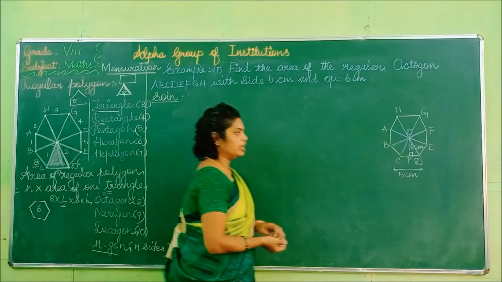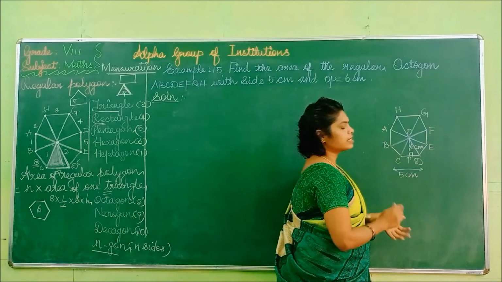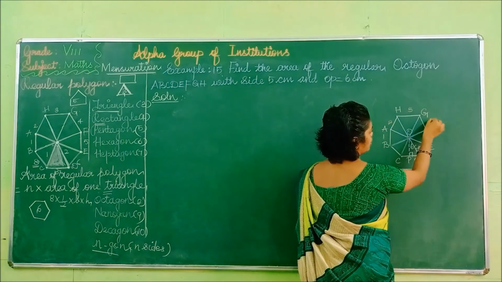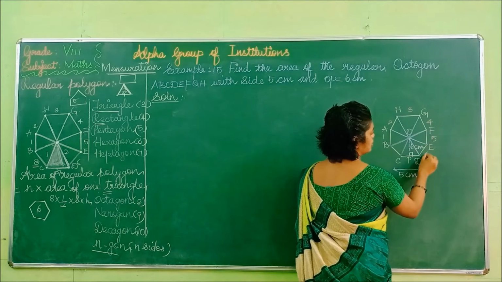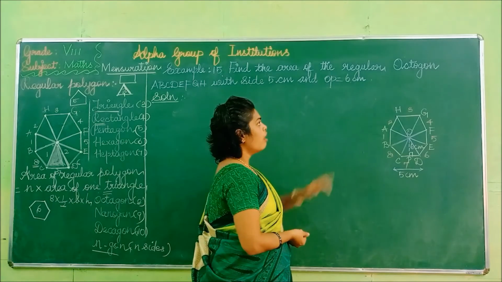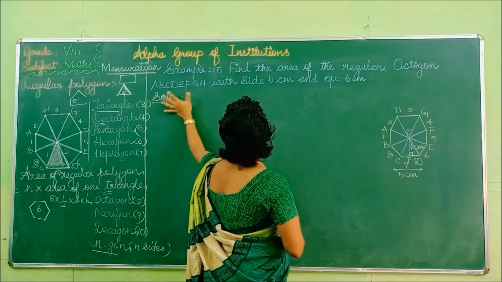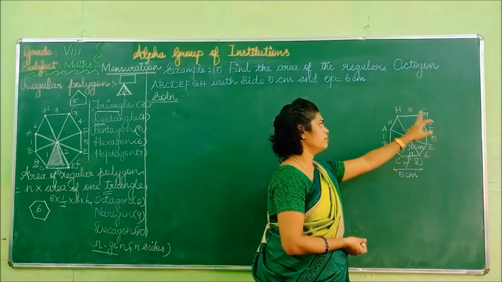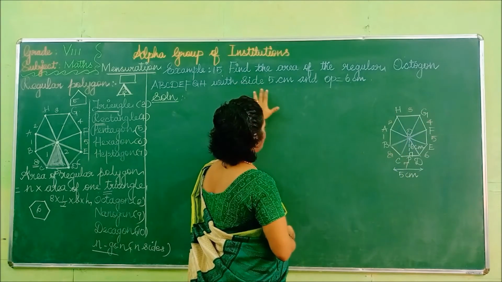So this is your figure. This figure contains 8 sides. Check it once. 1, 2, 3, 4, 5, 6, 7 and 8. Now we can call this figure an octagon. That is A, B, C, D, E, F, G, H. You have to mark A, B, C, D, E, F, G, H with side 5 cm.